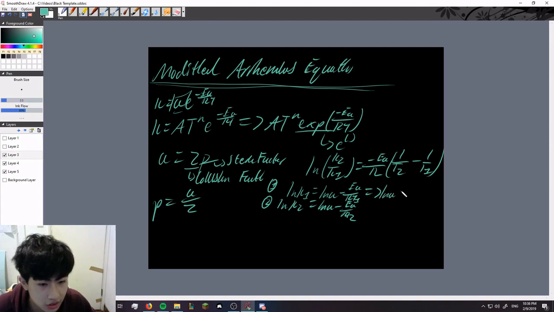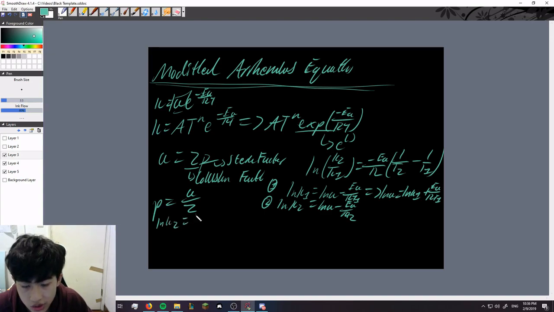We have ln A equals ln K1 plus EA over RT1. Substituting this into our second equation gives us ln K2 equals ln K1 plus EA over RT1 minus EA over RT2. Now let's rearrange this.